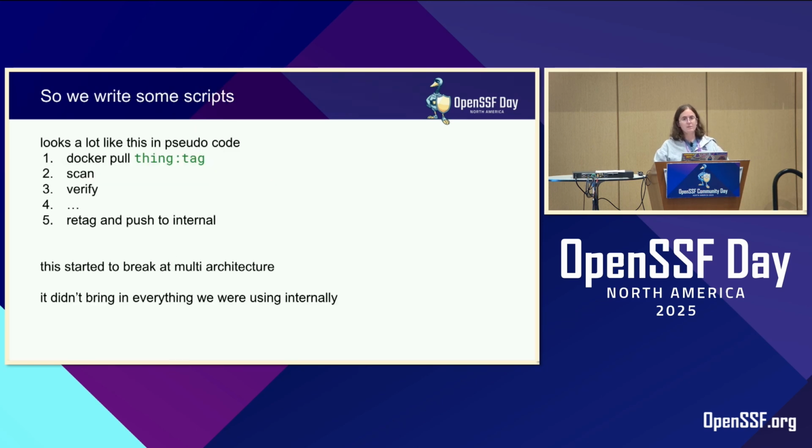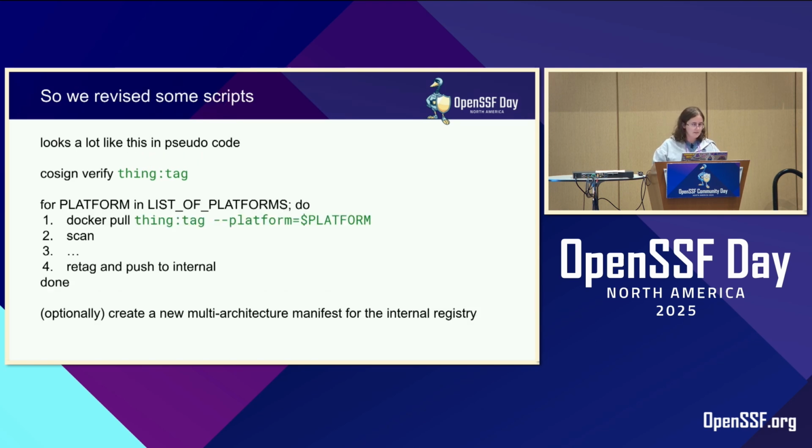So we wrote some scripts to do all of this verification and validation and ingestion for several architectures. What that looked like is we docker pull the thing, do whatever scanning and verification and magic compliance sprinkles, retag it, and push it to internal. And this started to break at multi-architecture because the first MirrorBot 9000 did not look like this.